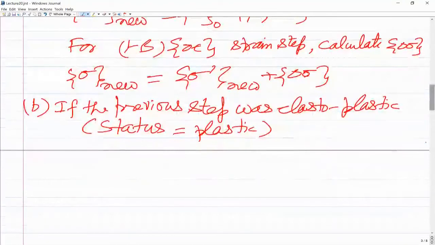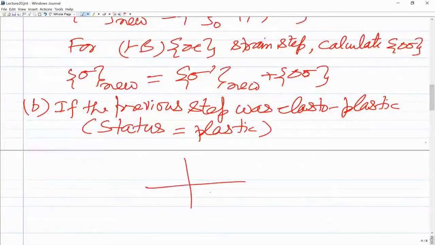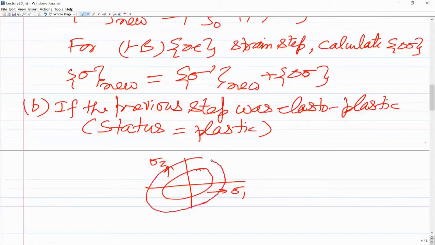So now if the previous step was elastoplastic, if I again represent it in a two-dimensional state of stress, let us say this is the initial yield surface, and since the point was previously elastoplastic, this is the previous step yield surface.